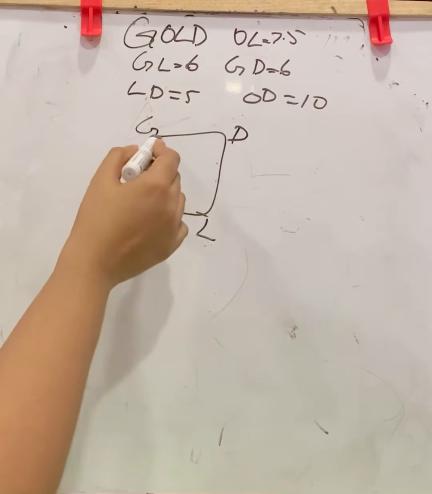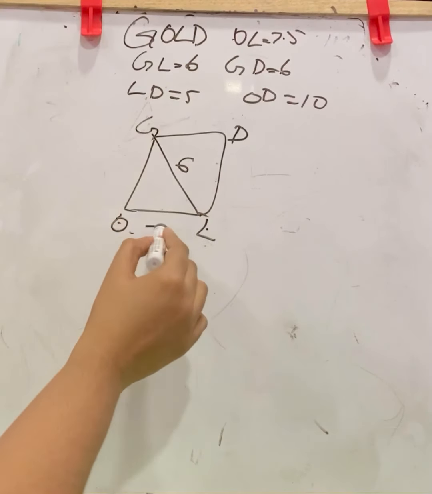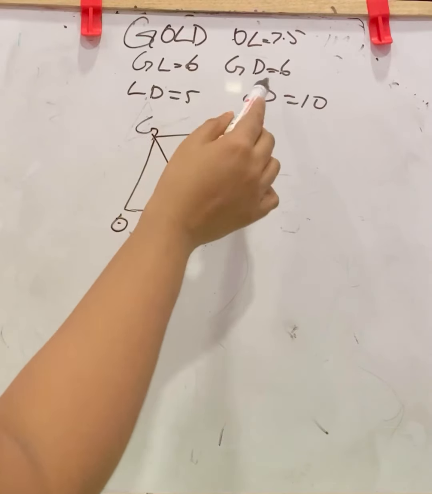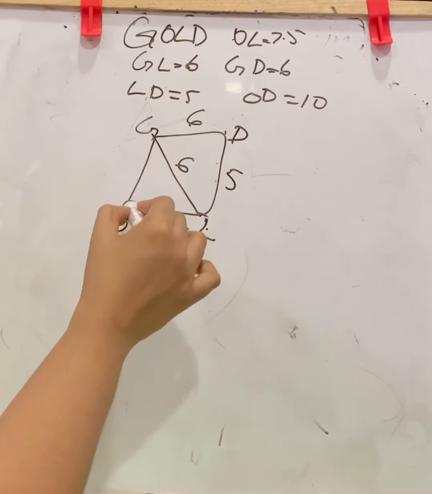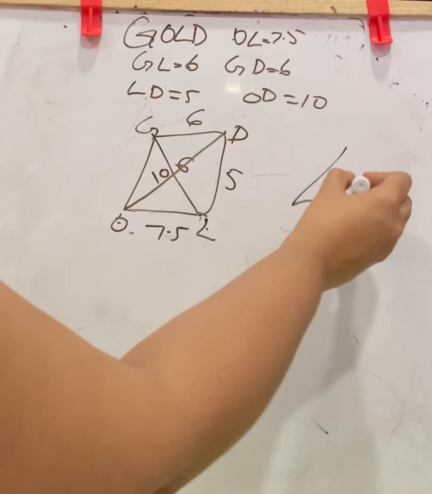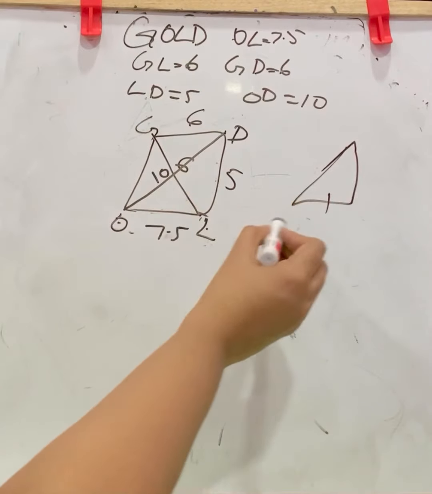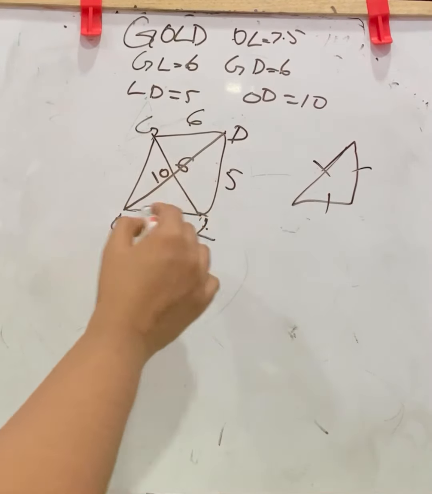Here we have GL is 6 cm, OL is 7.5, GD is 6, LD is 5 and OD is another diagonal, 10. In this triangle OLD, we have this side, this diagonal and this side. So we are going to construct that.